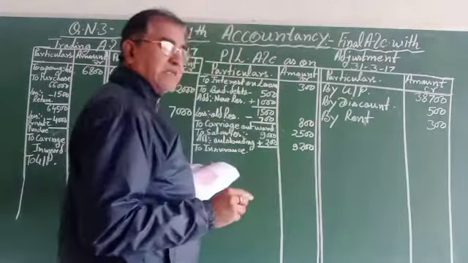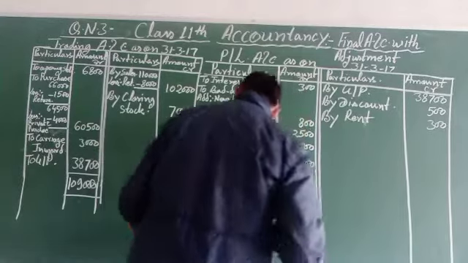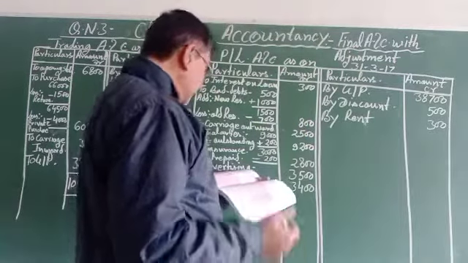Then after discount given, recorded in the credit column. General expenses, to general expenses, that is given 3,400, and go through the additional information.